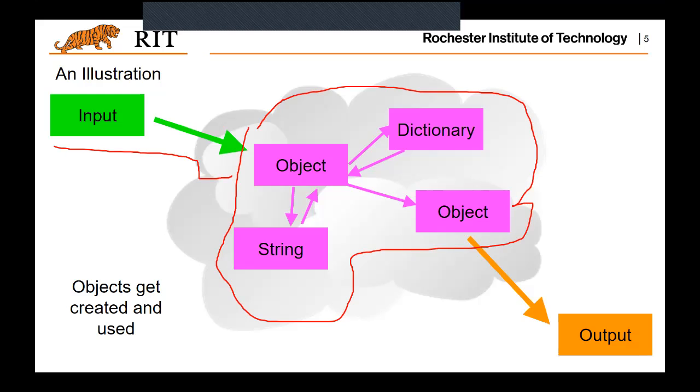The user-defined objects work together with the Python built-in objects like string and dictionary. They work together to achieve certain tasks. And that's how object-oriented programming works. The objects get created and utilized during the process.